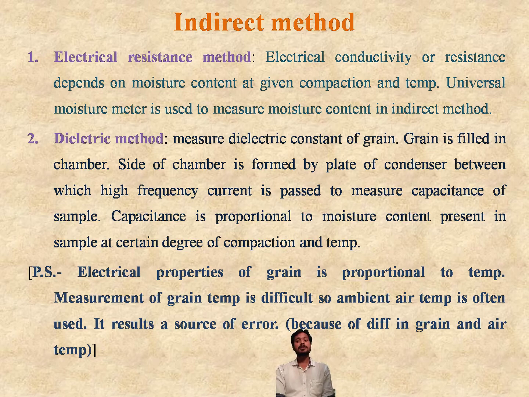So in place of the temperature of grain, we take the temperature of air. So this is the error we make while calculating moisture content by the indirect method. So you see here, the electrical properties of grain are proportional to temperature. Measurement of grain temperature is difficult, so ambient air temperature is often used, and it results in a source of error because of the difference in grain and air temperature.